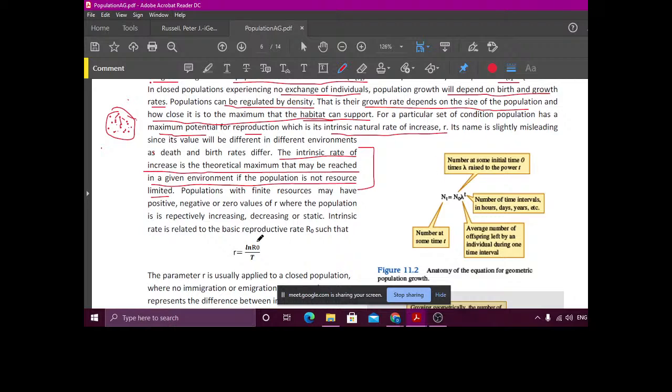So it is the basic reproductive rate. We have a reproductive rate, that is, from one individual at a time you can have only one. In fact, you can have half a person from one individual in a population. So if a population of humans is 100, then males cannot give birth.